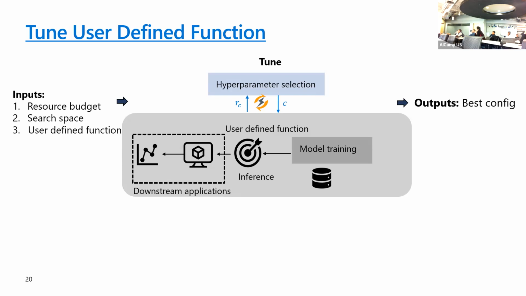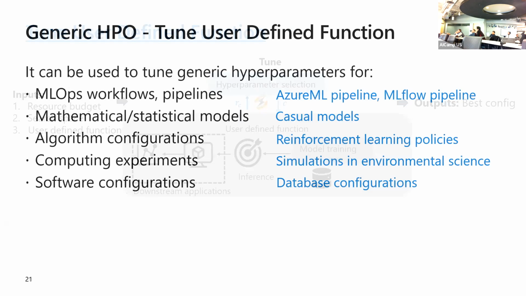And sometimes some hyperparameters are not even about training models, but about how to use the models. And with the tune package in FLAML, you can easily include whatever you need in the user-defined function to achieve your goal. So more generally, it can be used even beyond tuning a machine learning model.